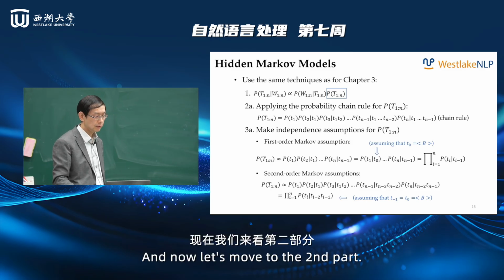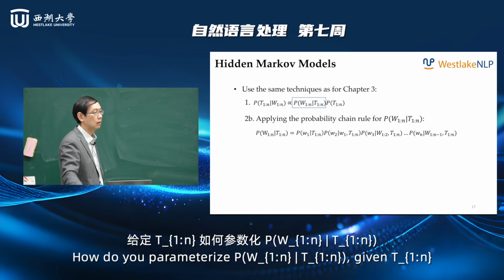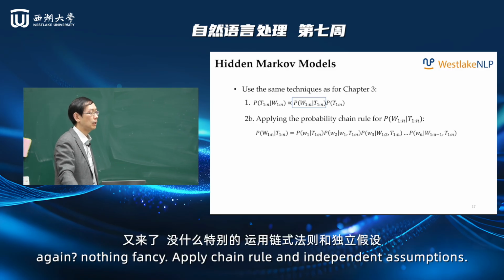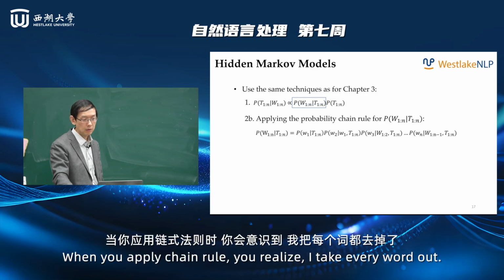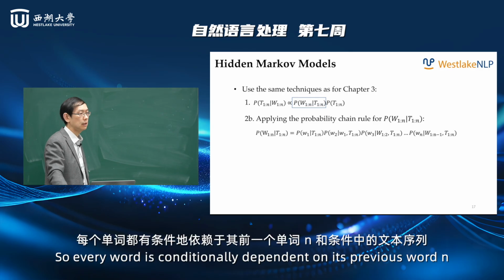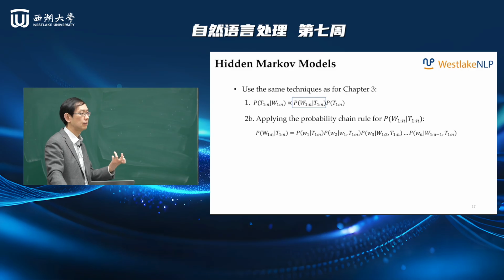Now let's move to the second part. How do you parameterize P(W1 to n given T1 to n)? Again, nothing fancy. You apply the chain rule and independence assumptions. When you apply the chain rule, you take every word out, so every word is conditionally dependent on its previous words and the tag sequence in the condition, right?